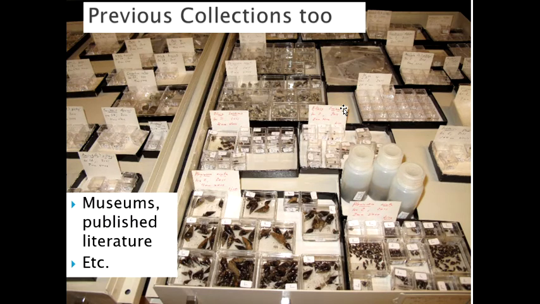That becomes useful data that future workers can go back to and say, Hanger whatever reported these or those particular taxa in this place, and I've discovered a new place. I want to compare mine to his. And so you've got museums there. Also the published literature. When these things get published on, that suddenly becomes fair game for future analyses.